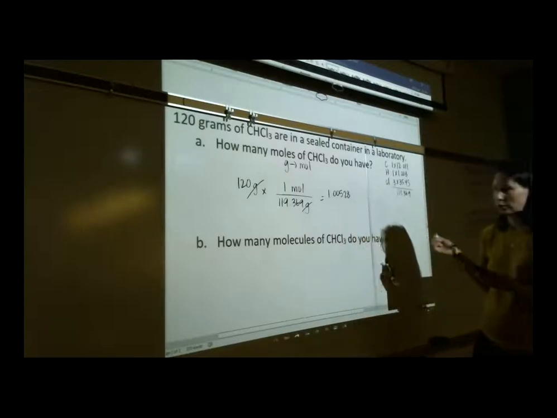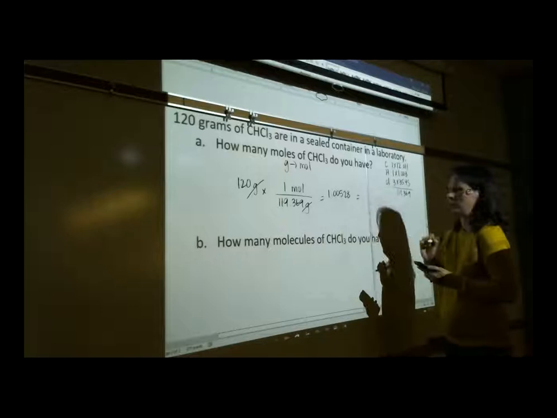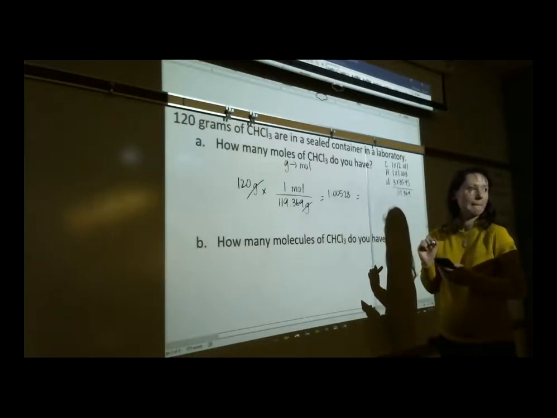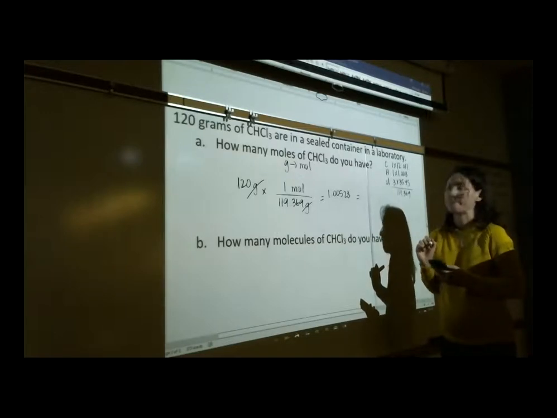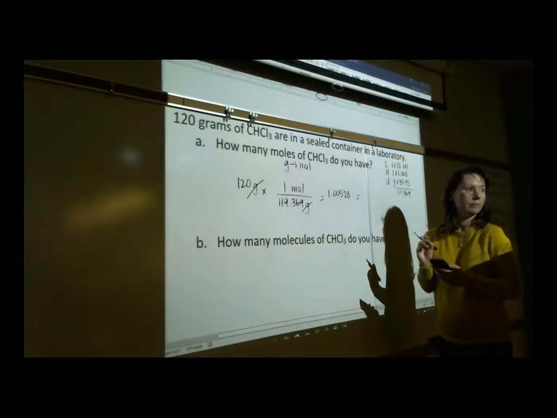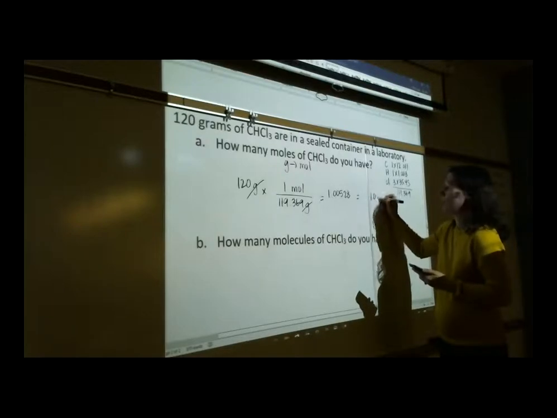I can't keep all those decimal places though, right? So what's the answer? What's the answer to 2 sig figs? 1.0, right. And my unit would be moles.